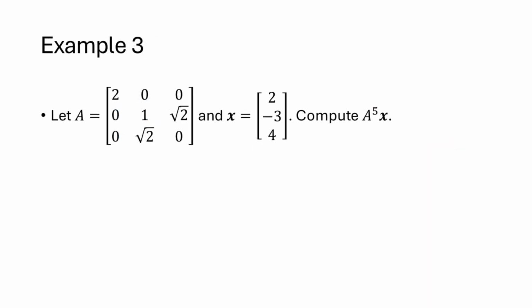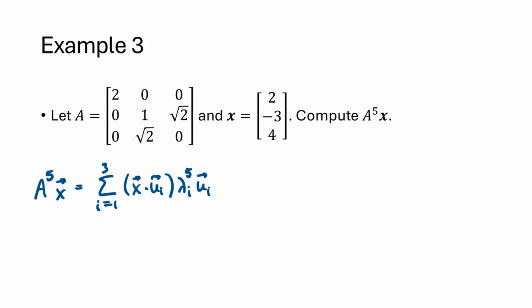Let's apply it. Let's look back at the same matrix A that we talked about back in example 1, and we have the vector x equaling (2, -3, 4), and we want to compute A to the 5th times x. So the formula says that A to the 5th times x is the sum, as i goes from 1 to 3, because we've got a 3 by 3 matrix with 3 eigenvectors. We sum up x dot ui times lambda i to the 5th, because it's the 5th power that we're computing, times ui.